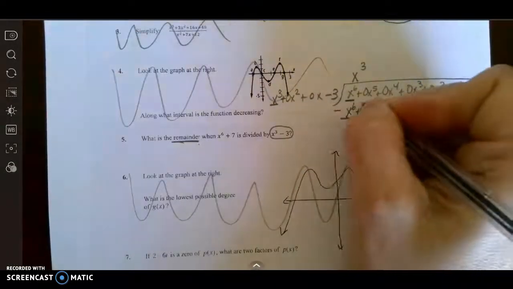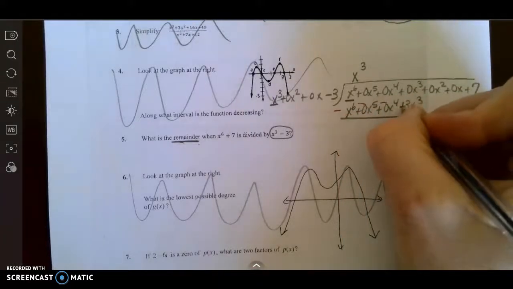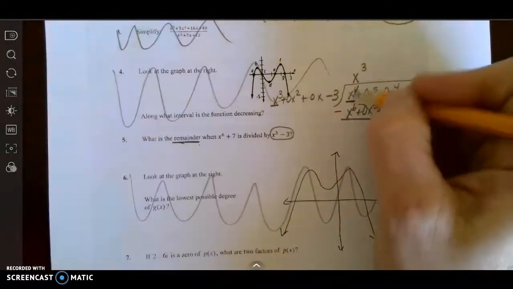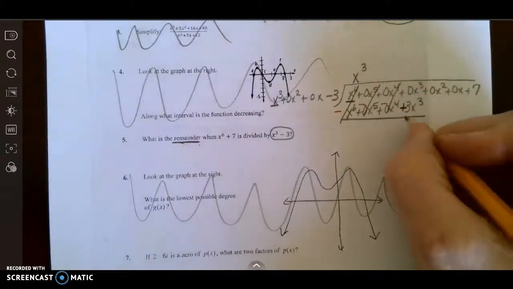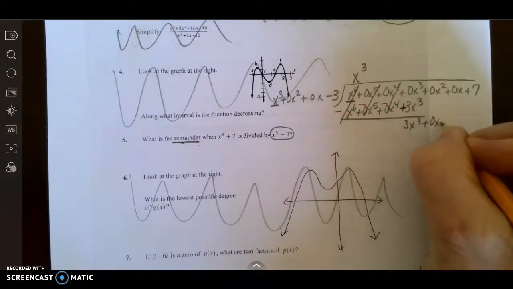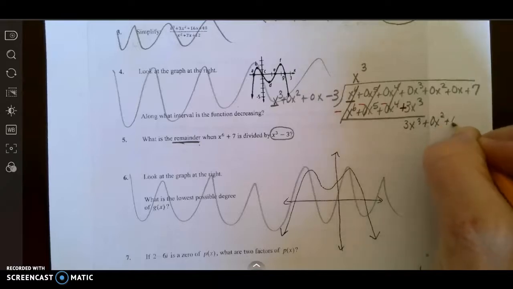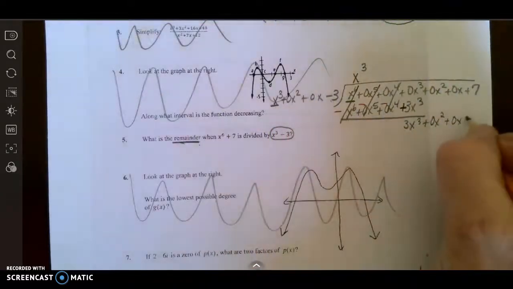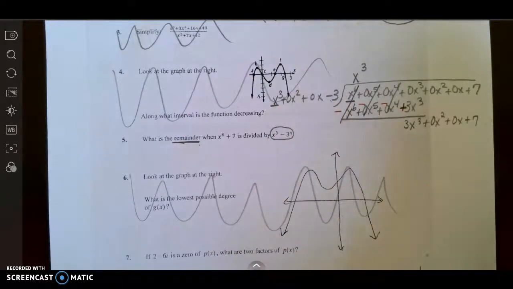So it becomes negative, negative, negative, and this would become positive. Now I can simply add. Cancels, cancels, cancels. Then I get 3x to the 3rd plus 0x squared plus 0x. Since this has 4, I need 4 here, plus 7.